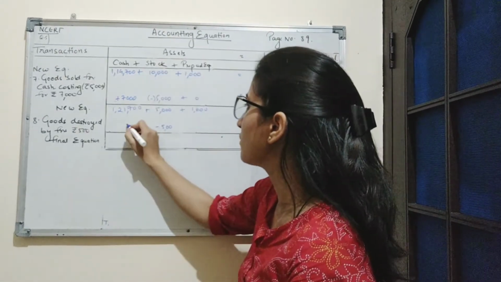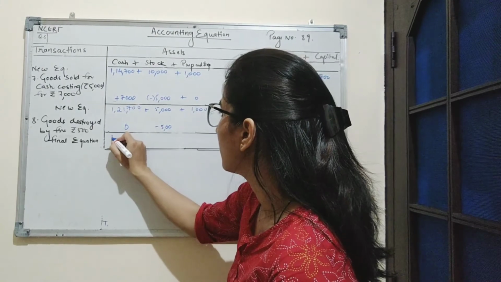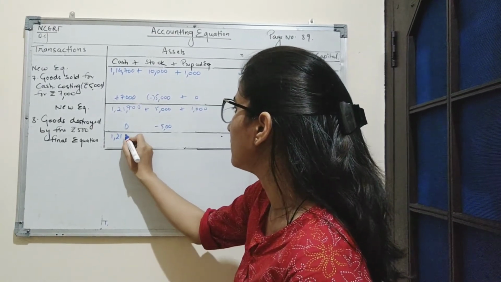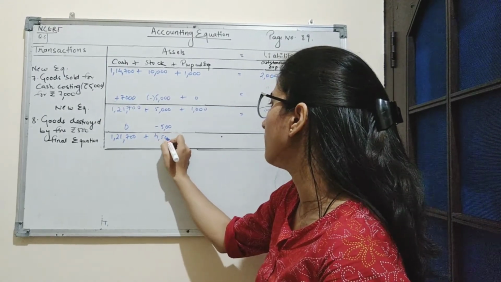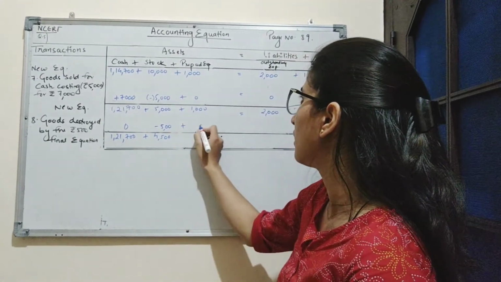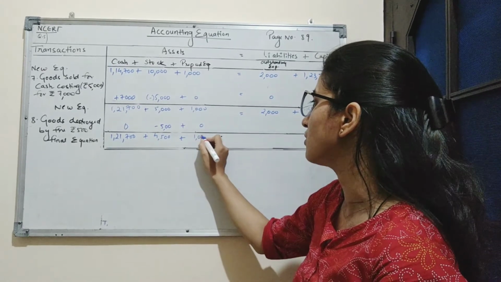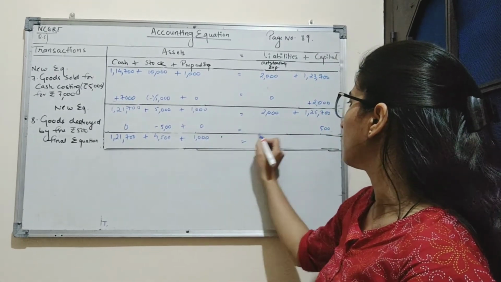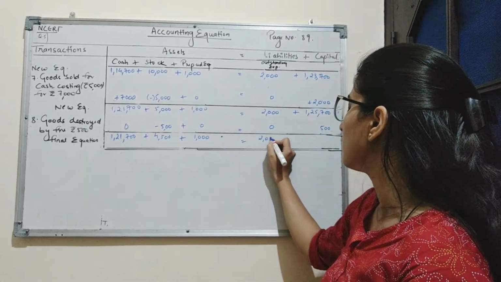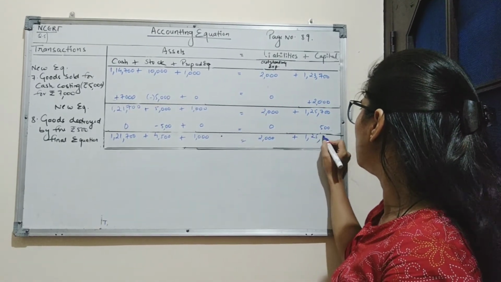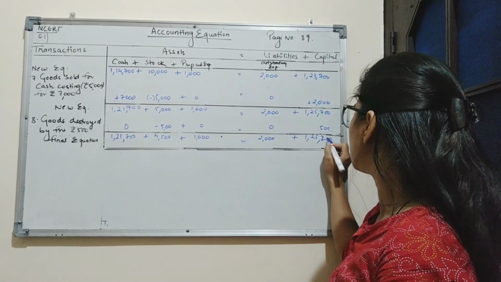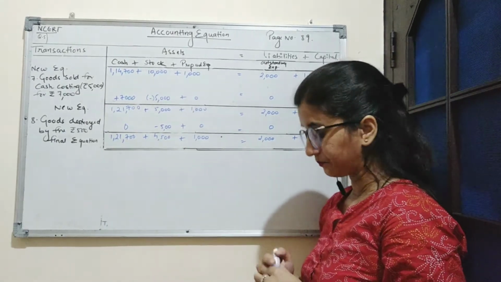So by solving these two equations, we get cash amounting to 1,21,700, 4,500 amount of stock, prepaid expenses amounting to 1,000, outstanding expenses 2,000 and capital amounting to 1,25,200.